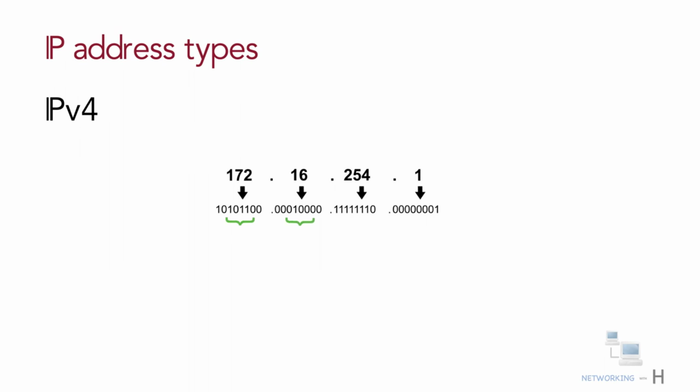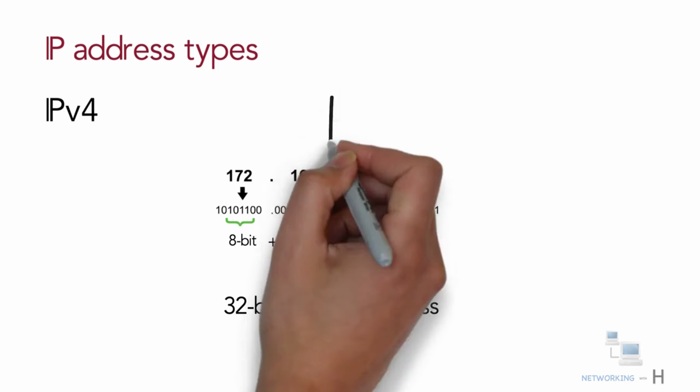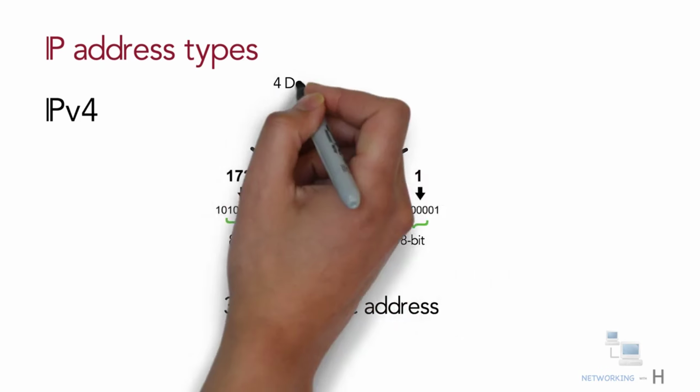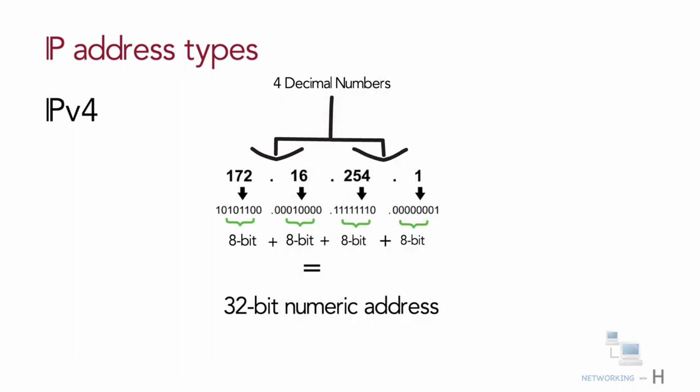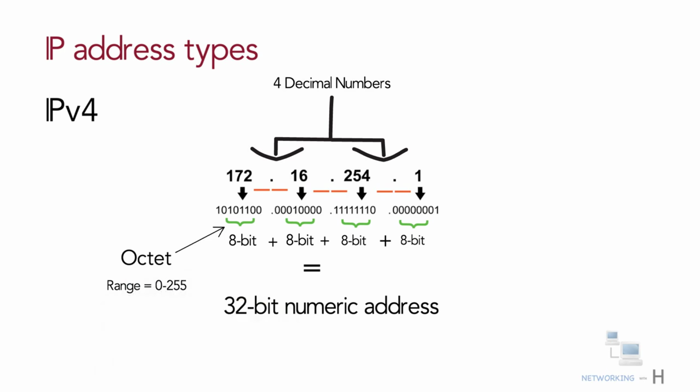IPv4 is a 32-bit numeric address written as 4 decimal numbers. These numbers are separated by periods, and each group of numbers separated by periods is called an octet. The number range in each octet is 0 to 255.